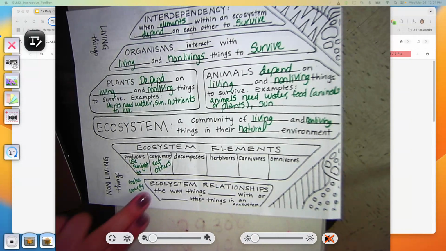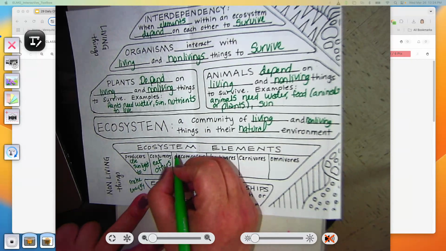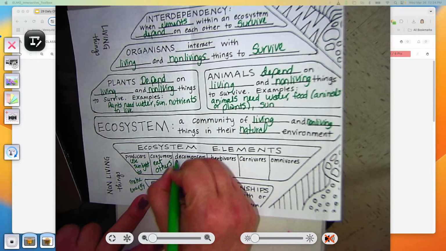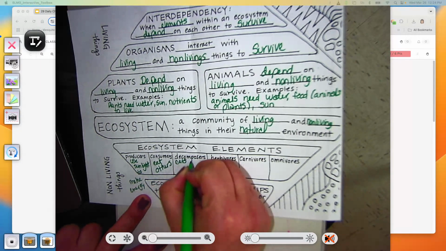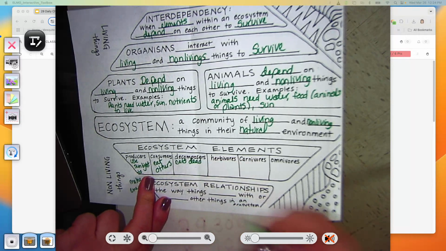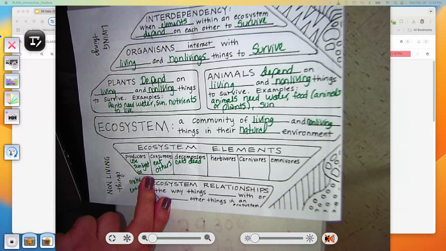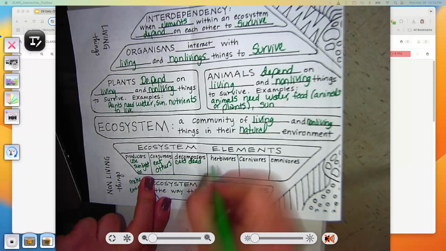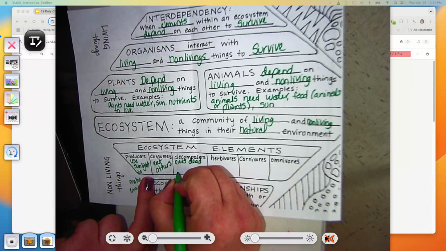So a decomposer eats dead organisms. That would be like a mushroom, like different fungus, or a worm, that eats stuff that is already dying, to help it become nothing, to decompose it. So it eats dead organisms.